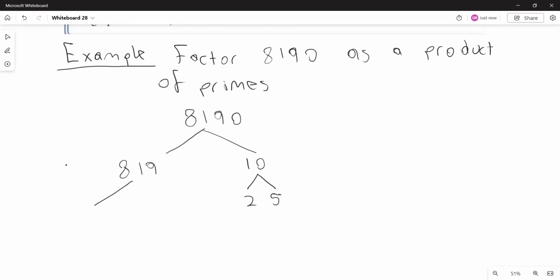819, the sum of the digits is 18, so that's divisible by 9. And that's going to be 91 and 9. We learned that 91 is 7 times 13. And 9 is 3 times 3. Okay, so the numbers at the end of the branches are all primes.